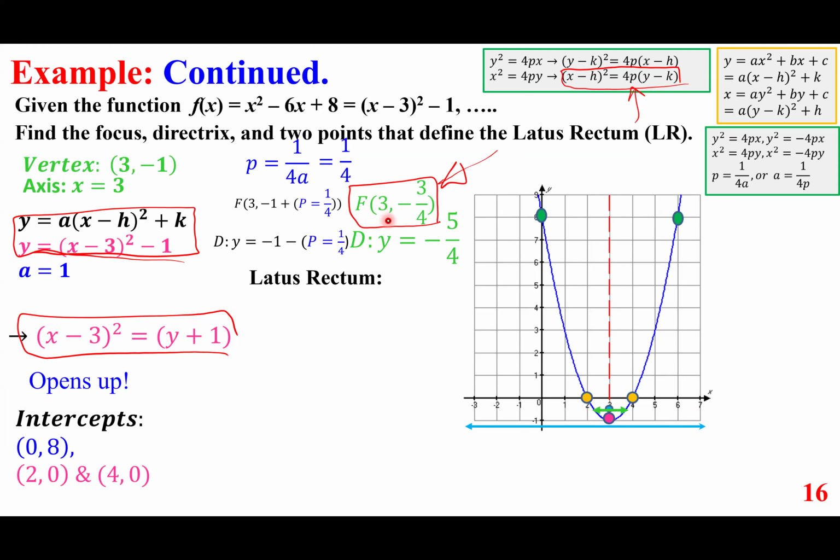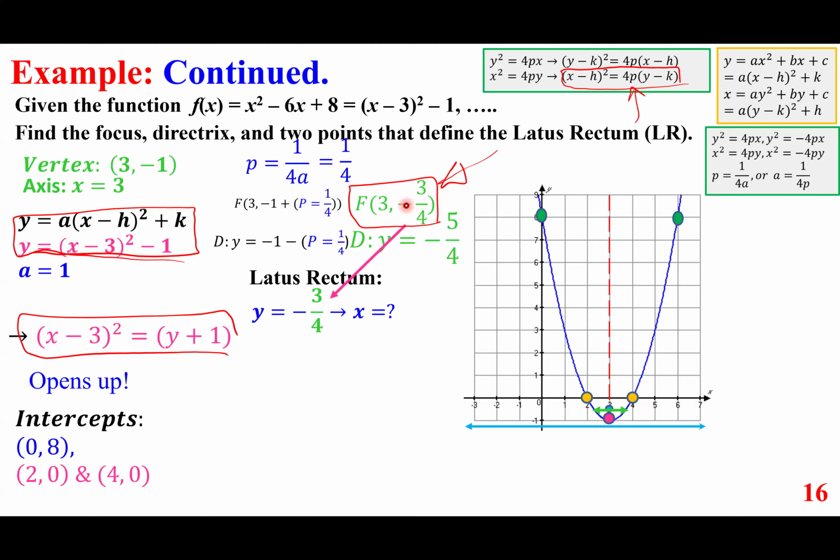So this point as well as this point must have the same y coordinate. So I can put the y coordinate here and find the x. That's one way to do it. There are two different ways, and I'm going to quickly discuss both of them. So y equals -3/4, because this point and this point all have the same y coordinate. What points are we referring to? The focus and the two endpoints that cut the graph must have the same y coordinates.